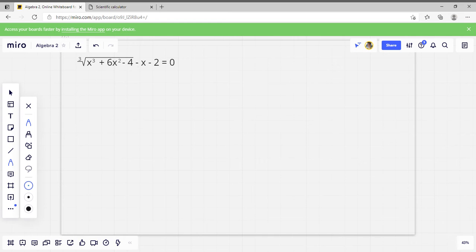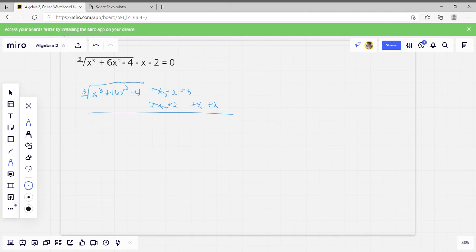So the first thing I have to do on this one is isolate everything that's in this radical. So I've got the third root of x to the third plus 16x squared minus 4. All that's underneath my radical. Then I have minus x minus 2 equals 0. So what I'm going to do is move this x, so plus x, and move this 2.